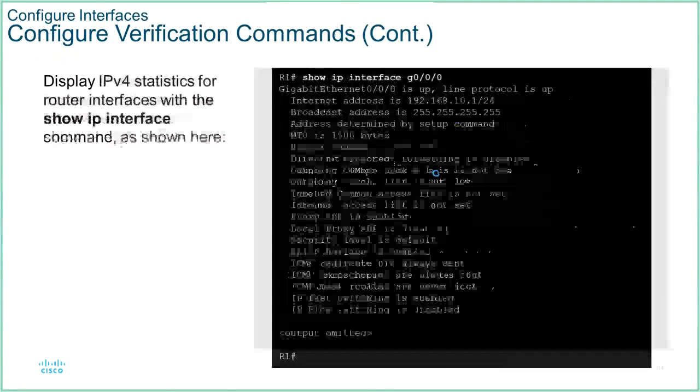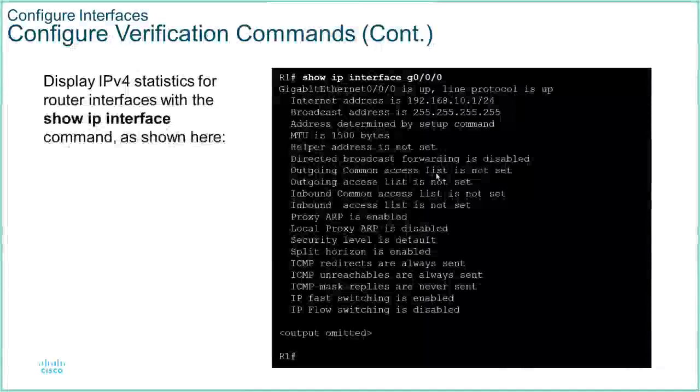If we do show IP interface, it will only give us the information concerning the IP logical protocol on that interface. So what we use this command for later on is for checking our filters, okay, which is these ones here.